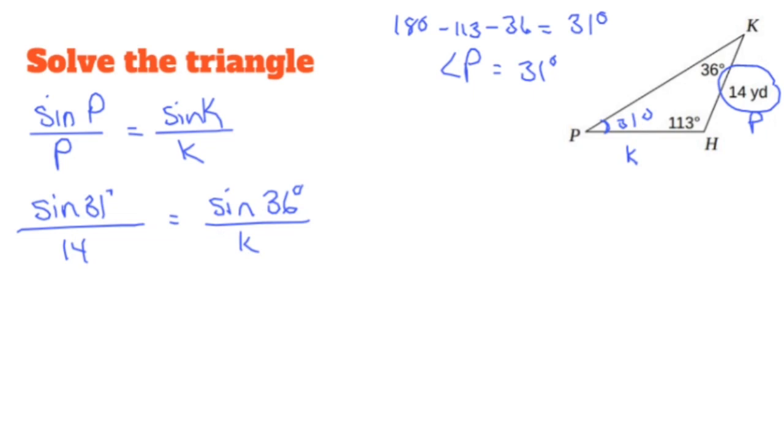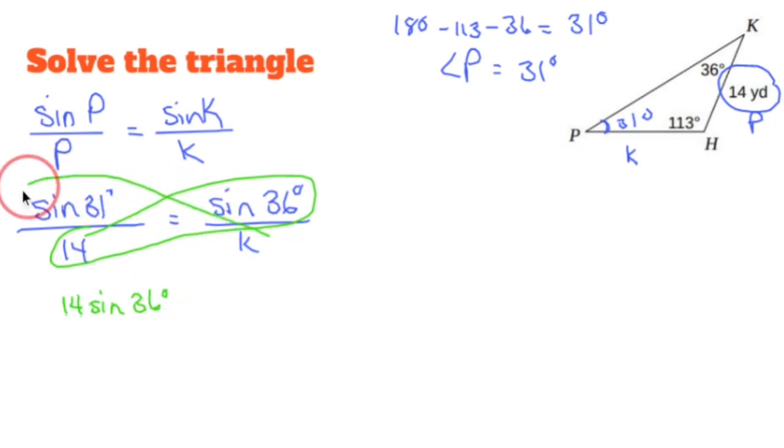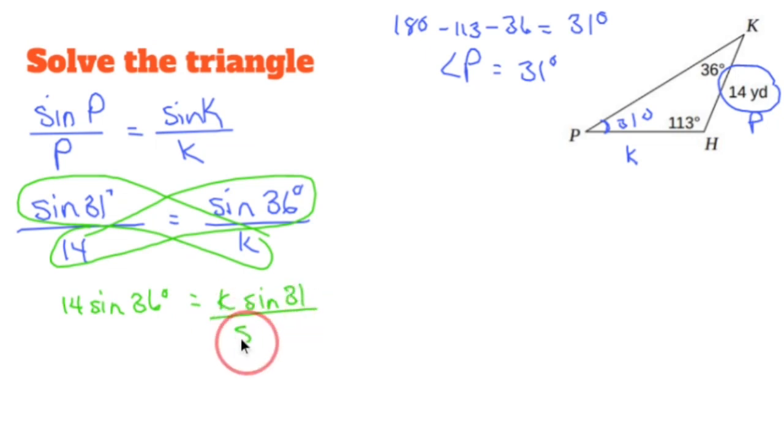Whenever you have a fraction equaling a fraction, crisscross applesauce, so 14 times sine 36 degrees is going to equal k times sine 31. If you just want to do this all in one shot, divide both sides by sine 31.